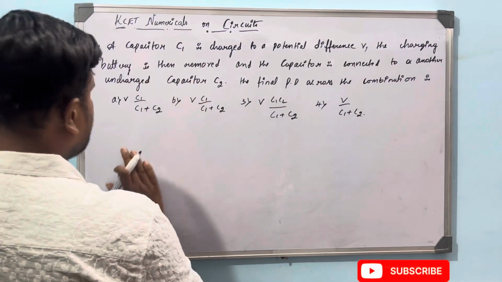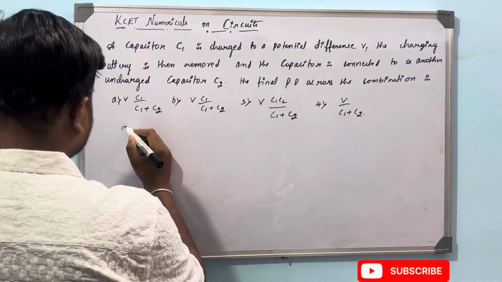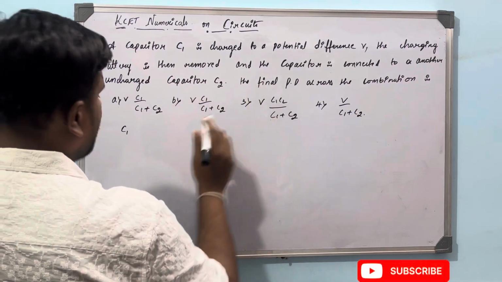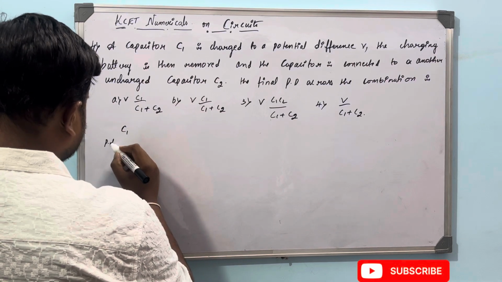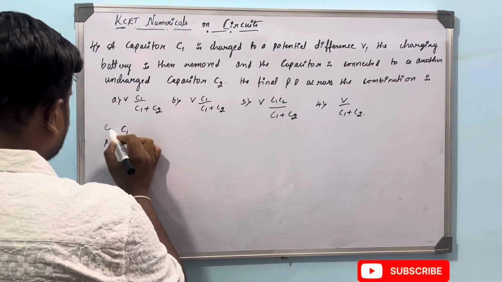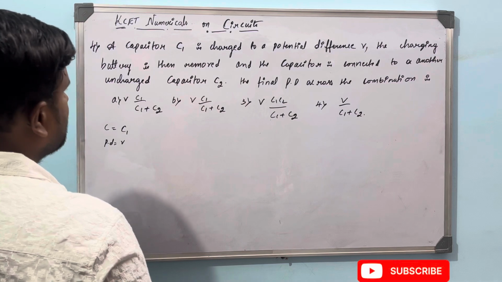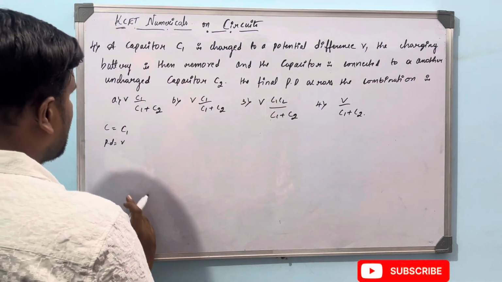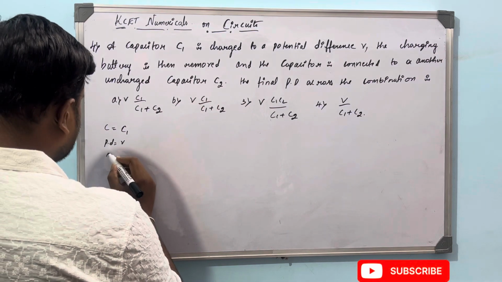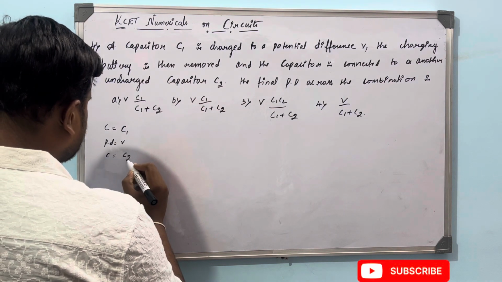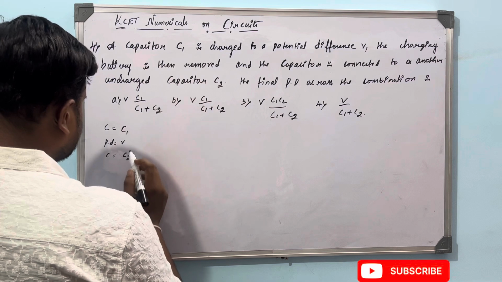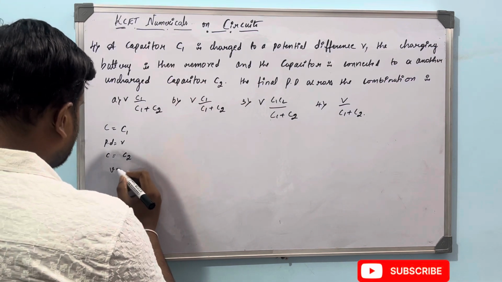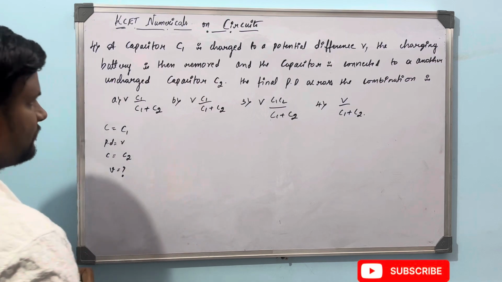So here they have given a capacitor having capacitance value C1, with potential difference V. The charging battery is removed and the capacitor is connected to another uncharged capacitor C2, and the final potential difference we need to calculate.